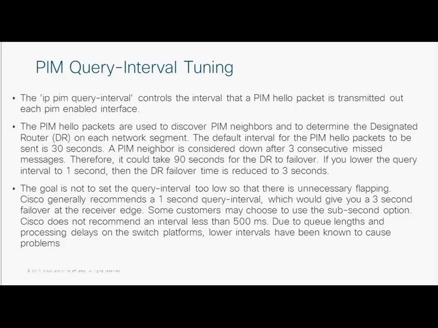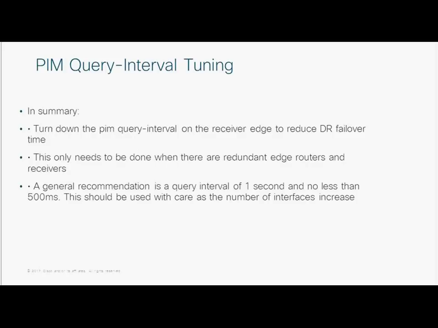So if the application is critical, we can reduce those timers in order to make it faster. That's another consideration for the best practices recommendations. Here is the description of how to do it. The recommendation is a query interval of 1 second, but never less than 500 milliseconds.